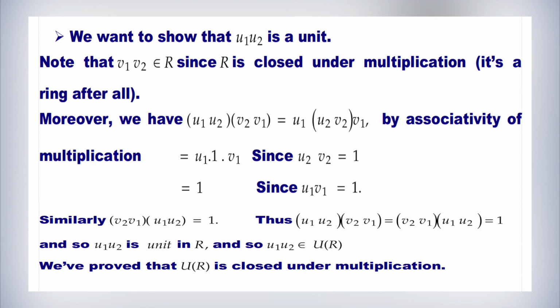Similarly, (v2 v1)(u1 u2) = 1. Thus, (u1 u2)(v2 v1) = (v2 v1)(u1 u2) = 1, and so u1 u2 is a unit in R. Therefore, u1 u2 belongs to U(R). We have proved that U(R) is closed under multiplication.